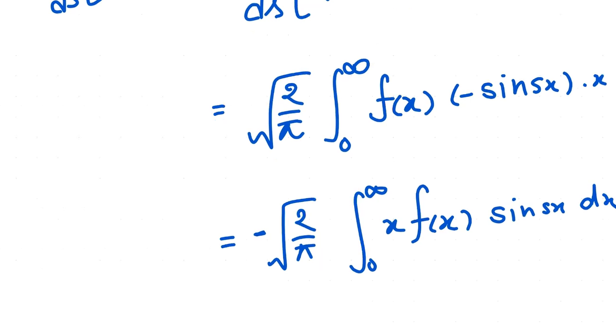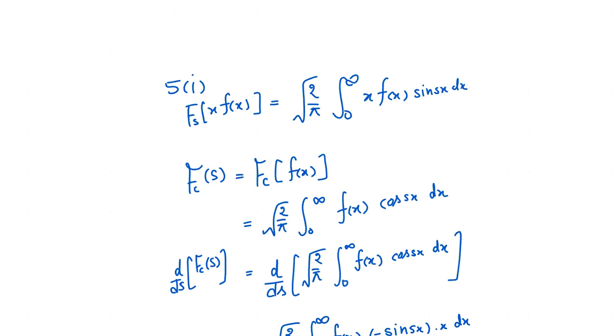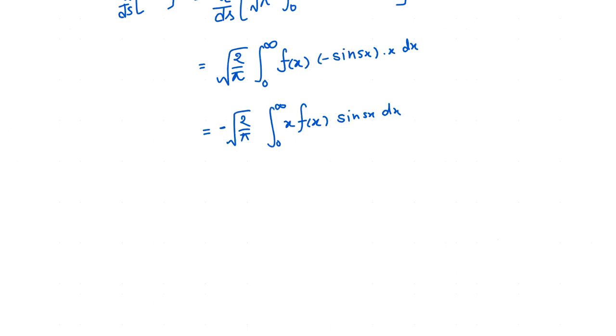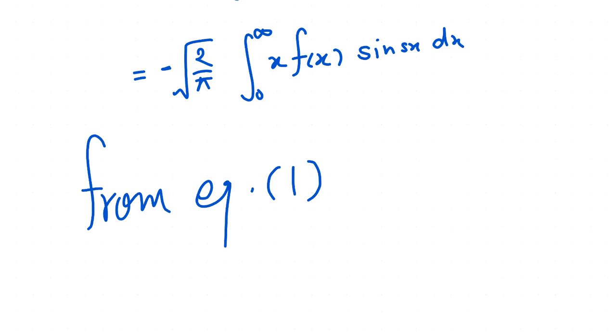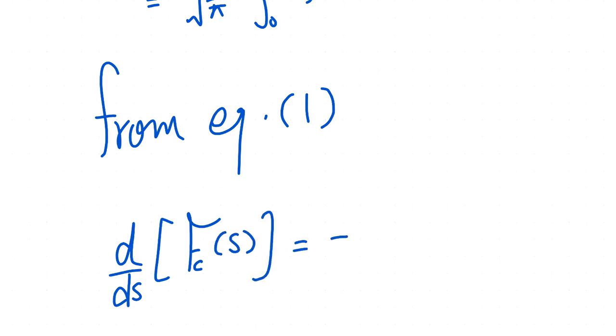And from the first, we can mention now: d over ds of Fc of s is equal to minus Fs of x fx.